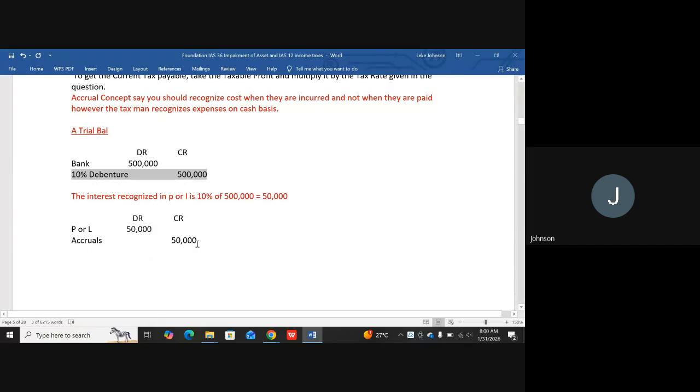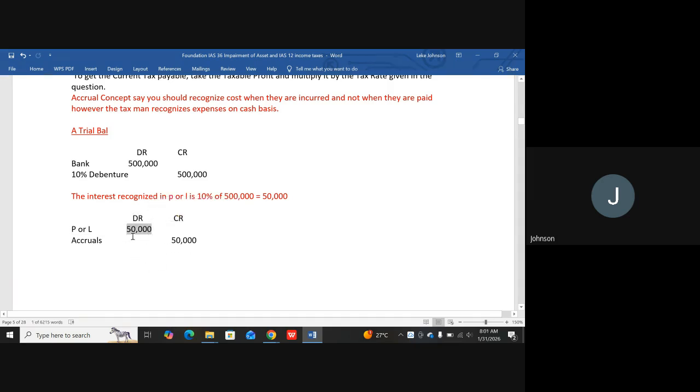You credit your accrual account because you have not paid it, but you now go to the financial statement, the profit and loss account, you are creating a provision for it, you debit profit and loss account. So the taxman will not allow this as an expense. The reason is because you have actually not incurred it yet. You are still owing that person 50,000. You have not paid it.